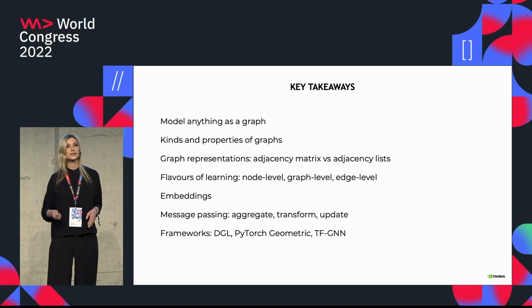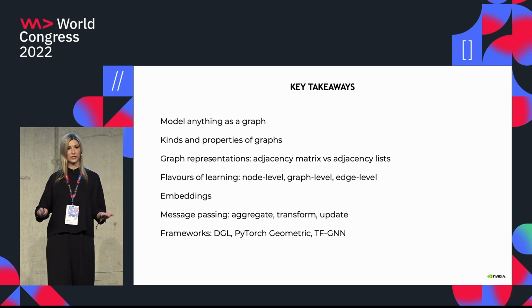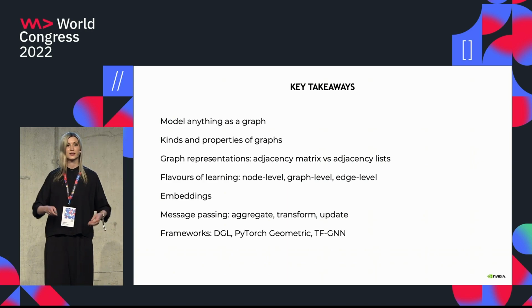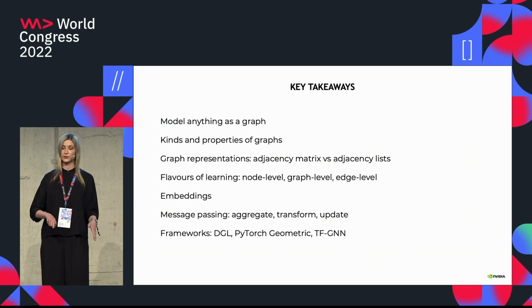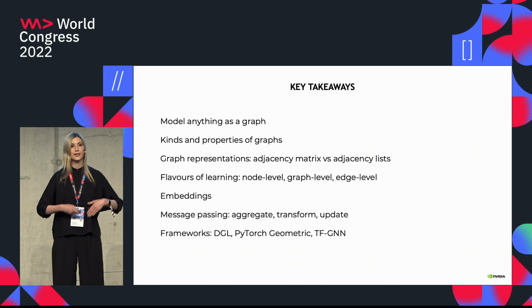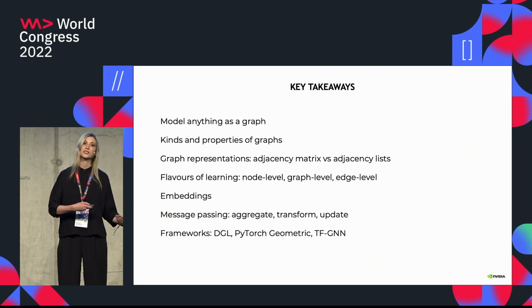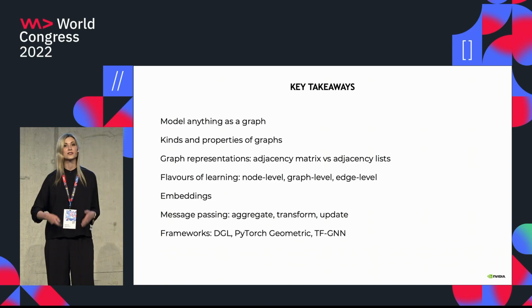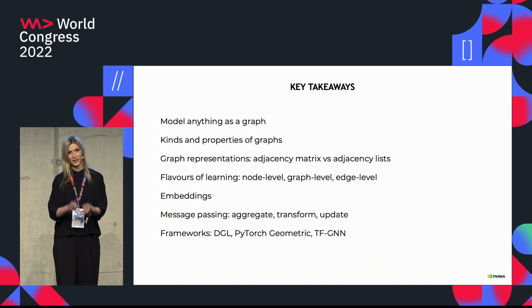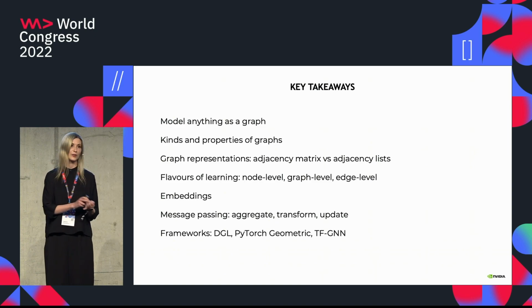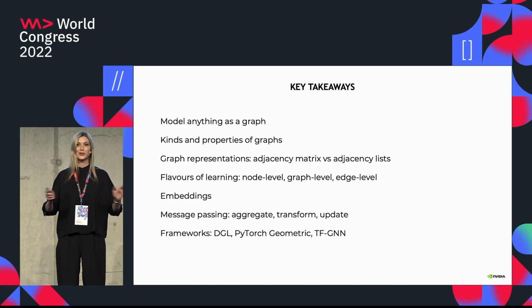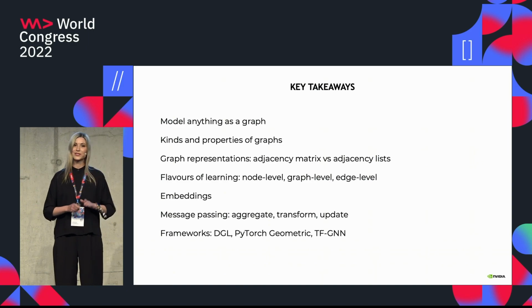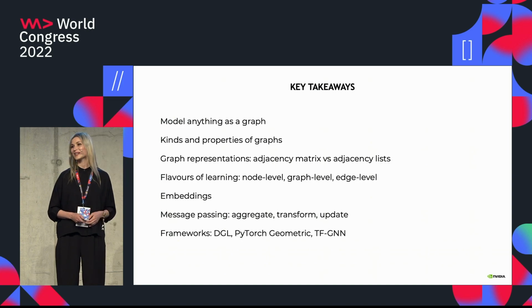We've learned that in order to train on our graphs, we need embeddings. Embeddings are special features encoded in the graph, which we learn by the algorithm called message passing. And message passing consists of the three following steps: aggregate, transform, and update. Finally, we've learned that you don't need to spend hours on implementation work because there are already great frameworks available. With that, happy training.